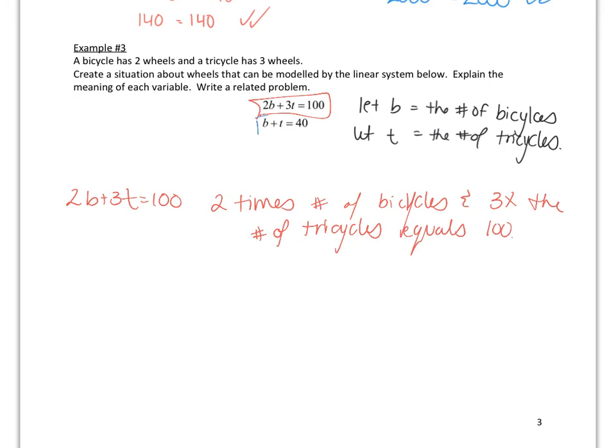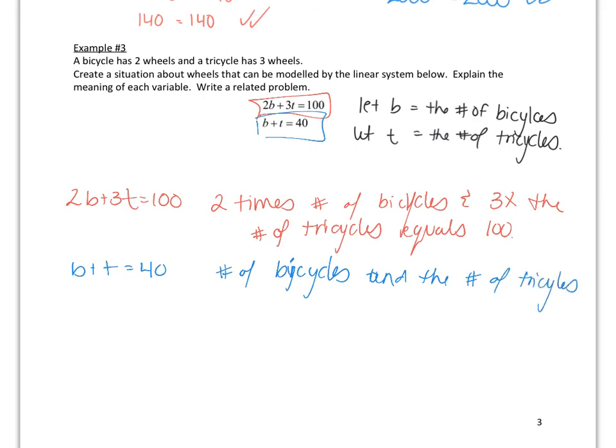All right. Well, that sounds good. And then in the other equation, we have b plus t equals 40. So the number of bicycles, oh my goodness, spelling bicycles, plus the number of tricycles is 40. That means the total number of bikes is 40. So I wrote a little scenario here.